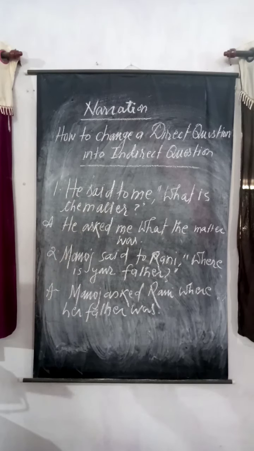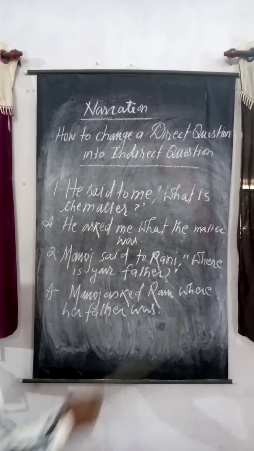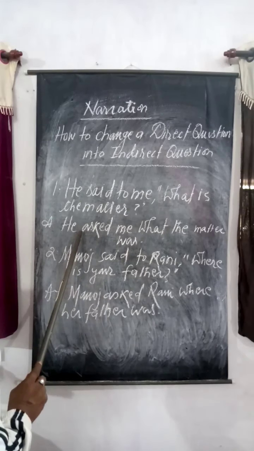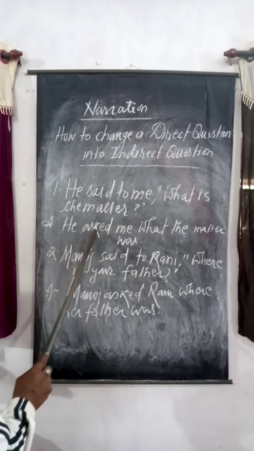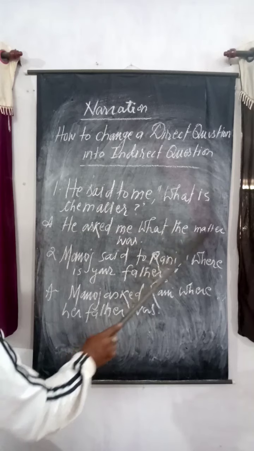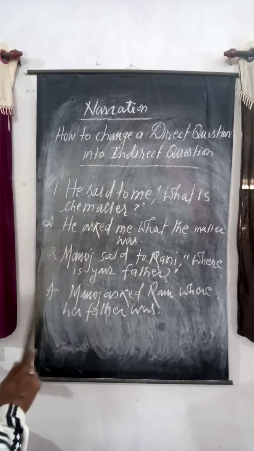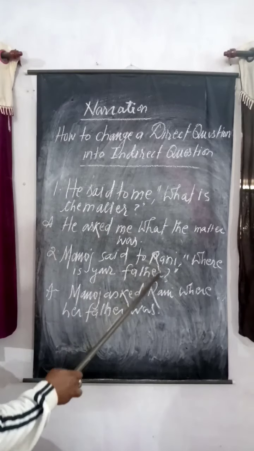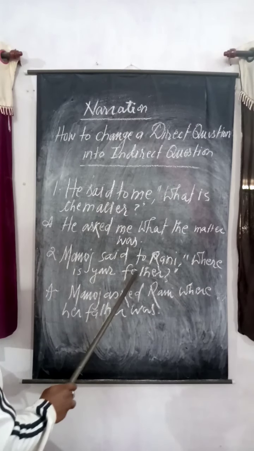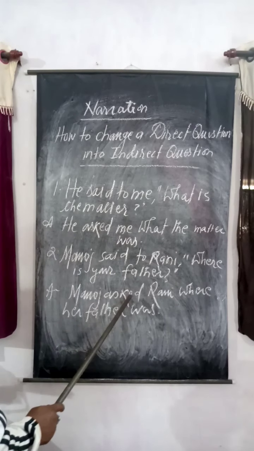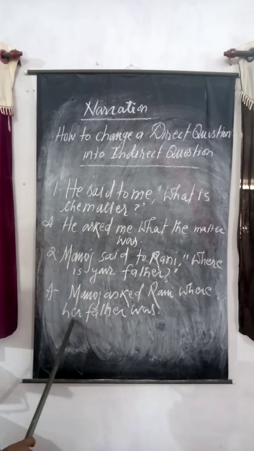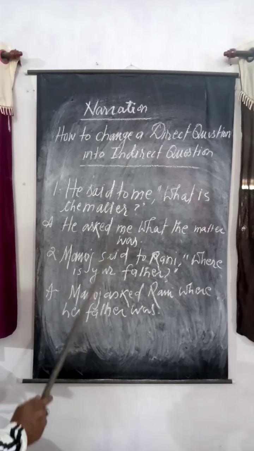The first one is, he said to me, what is the matter? The answer is, he asked me what the matter was. Number two, Manoj said to Rani, where is your father? Manoj asked Rani where her father was.